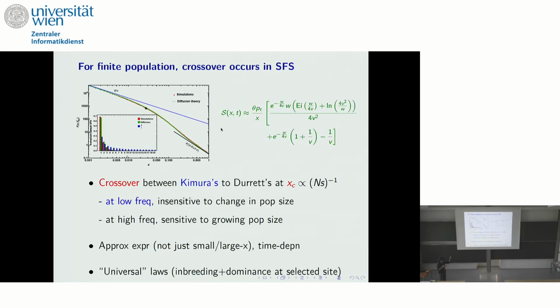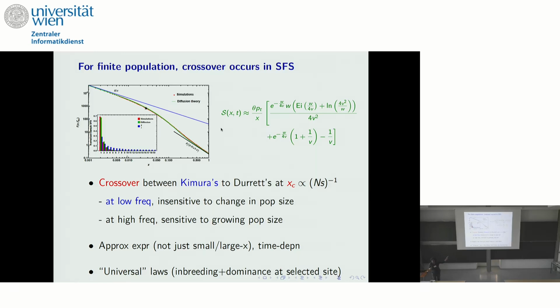It works in certain limits. So if certain parameters are very low, it doesn't work that well. We know that, and I can tell you what approximations have gone in. There are functions of parameters and time and so on, and I didn't want to write it, but it's in the paper.